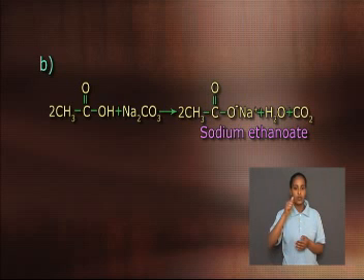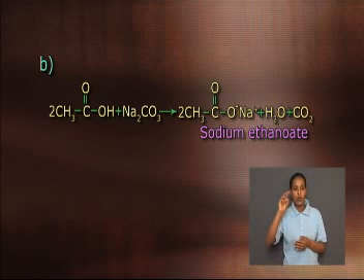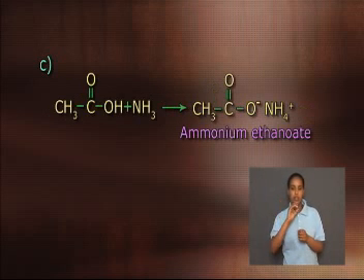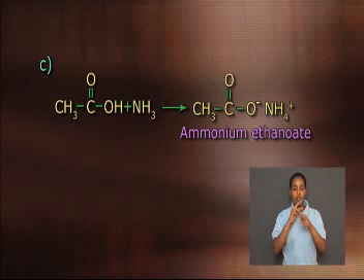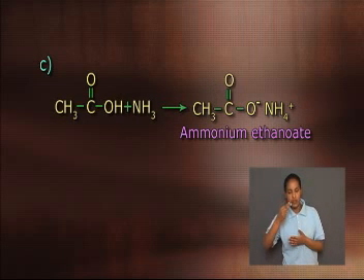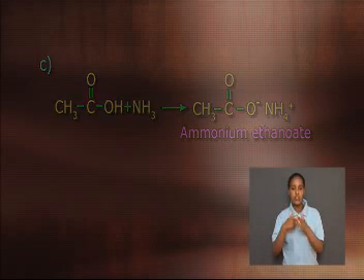Sodium ethanoate, water, and carbon dioxide are formed as products. From this, we can tell that sodium carbonate is a weak base. This is the chemical equation for the reaction between ethanoic acid and ammonia. Only ammonium ethanoate is formed as a product in this reaction.